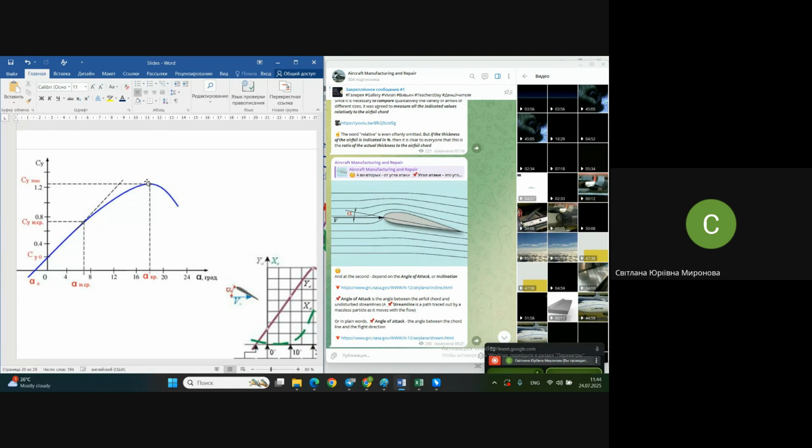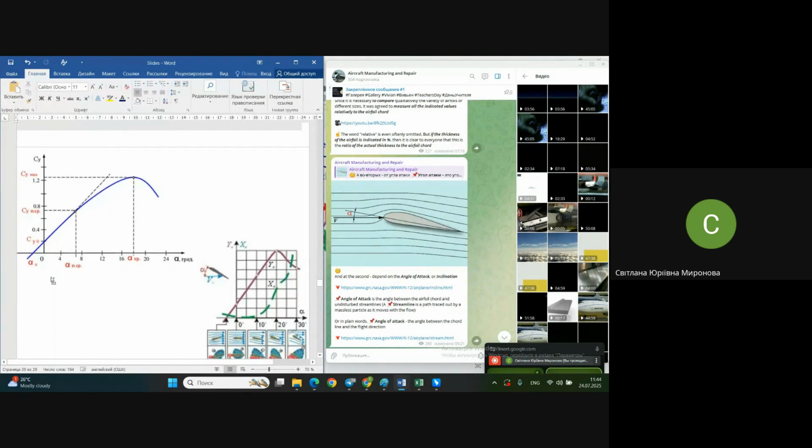Well, remember that this coefficient chart looks like a hook actually. You see, it has a straight area, a straight line, and next it finishes with this typical area where force is reduced sharply.